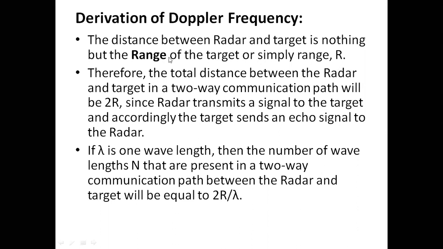Suppose the distance from the radar to the target is R, that is the transmitted signal distance, and next the echo signal distance is also R, which means two-way communication. That means we are transmitting the signal from the radar to the target, as well as the target reflects the signal towards the radar. If this is a two-way communication, then the total path will be 2R.